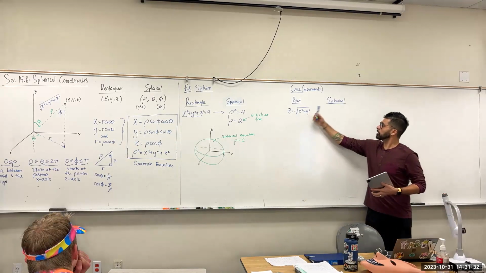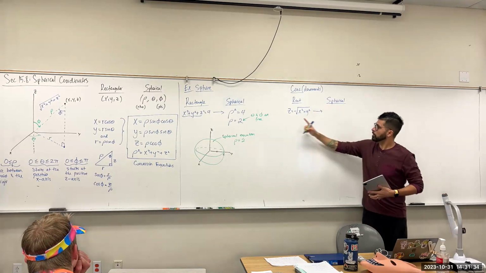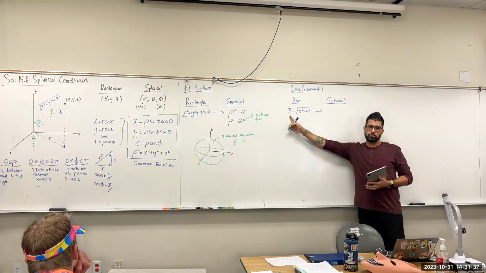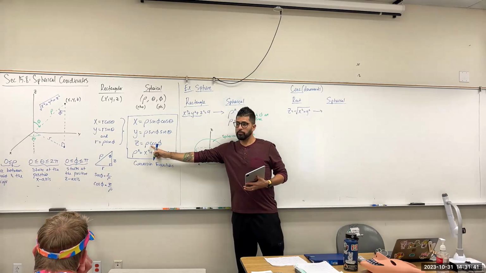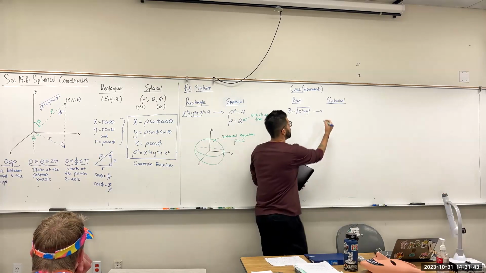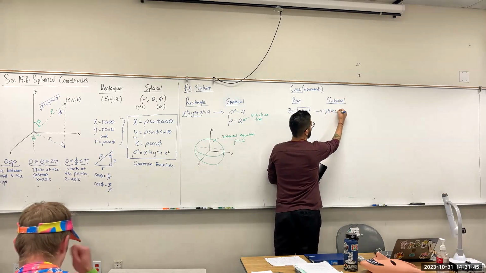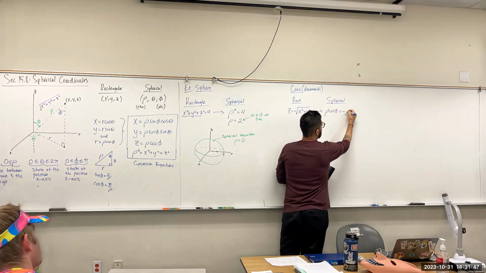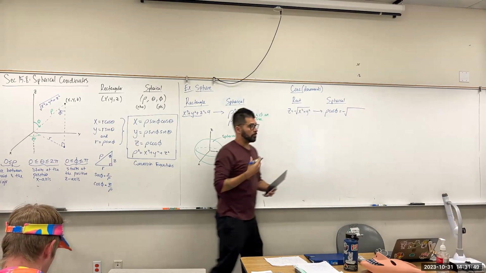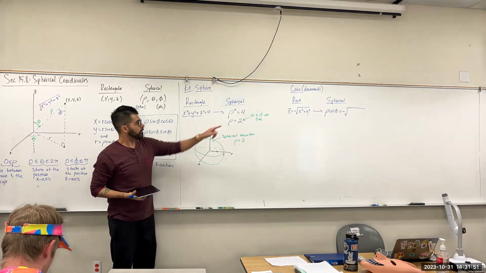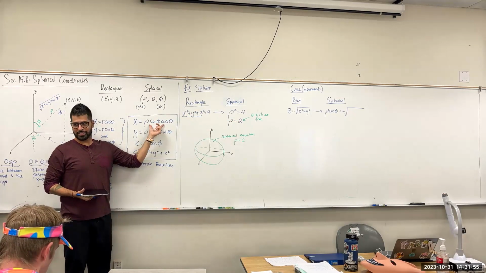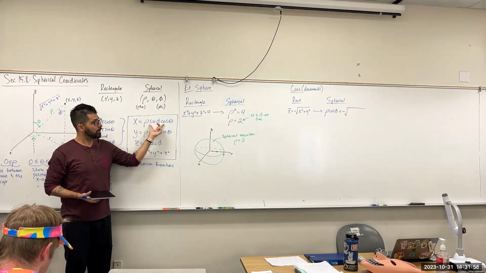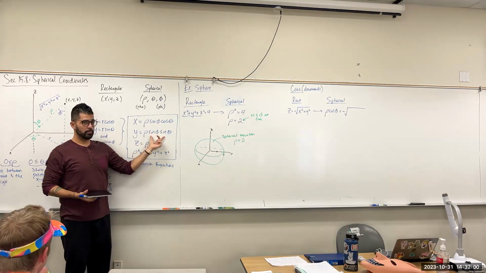So if I want to convert this to spherical coordinates, what do I have to change the z into? Rho cosine phi. Okay? So the z becomes rho cosine phi. And then here's a little tip. I can write x squared by squaring all this, and I can write y squared by squaring all that.